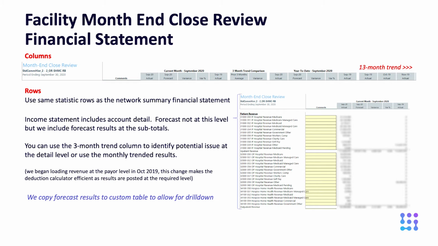We have the forecast column, we have the 3-month moving average column, and then we also have a monthly trend that rolls for 13 periods so that you can see if there are peaks and valleys that are just seasonal and it's correct. So this is a close report that we use, and this is mainly for financial analyst purposes. Okay.